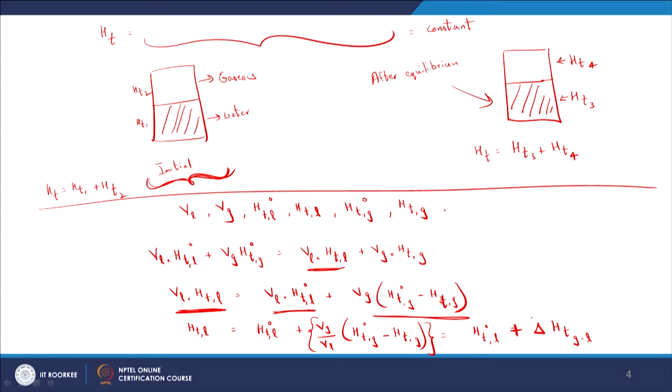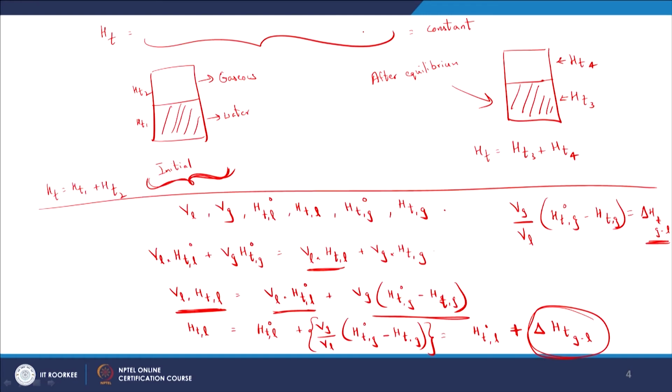I am using a different nomenclature, so that whenever I mention it, it is going to be H total gas to liquid. This is the term that I am going to use for ease of understanding. What is this giving me an idea about? It is giving me an idea about the change in H from the gaseous to the liquid phase per unit volume of the liquid. So, keep this in mind.